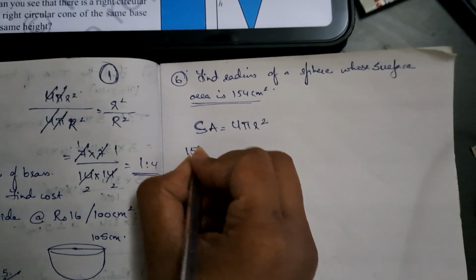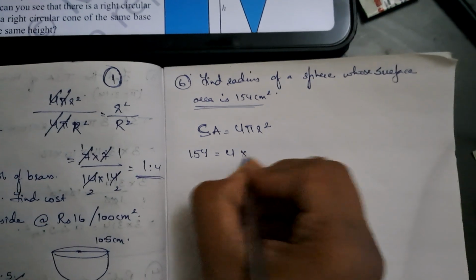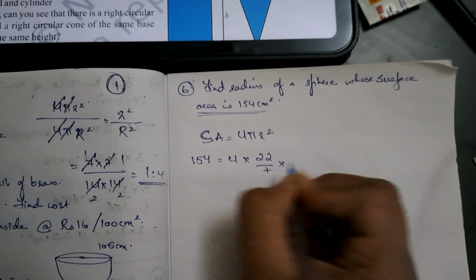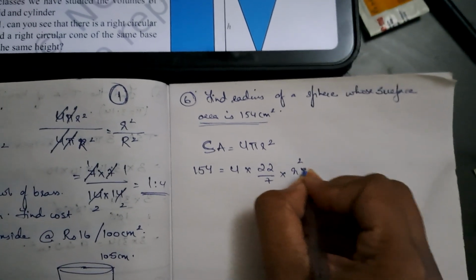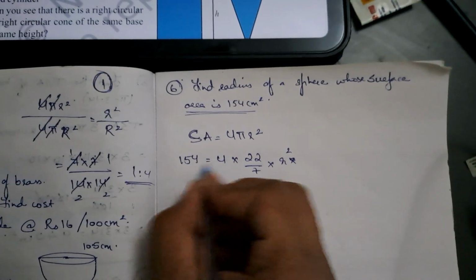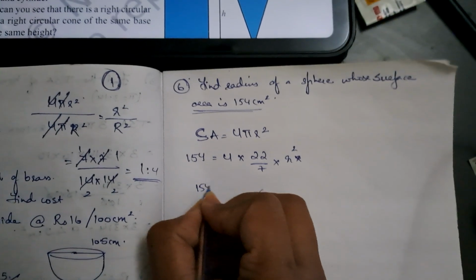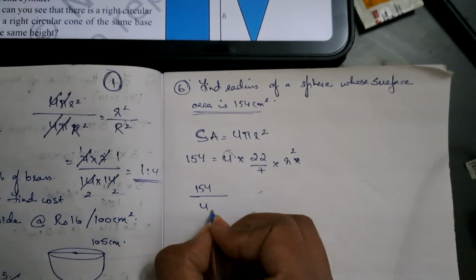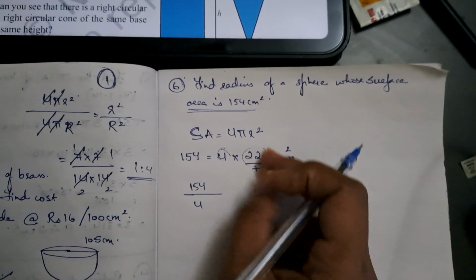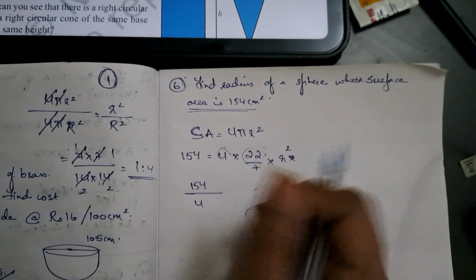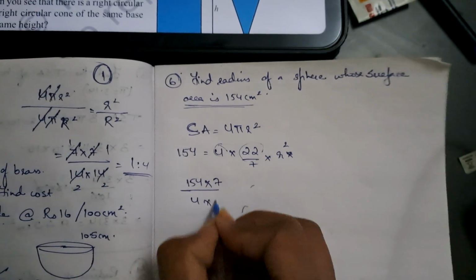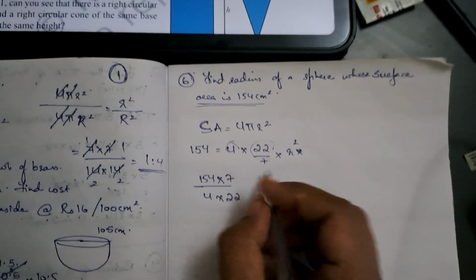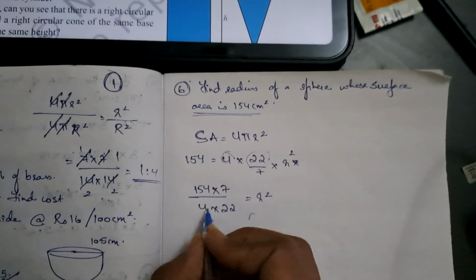This is given as 154, that is 4 into 22 by 7 times radius, which I don't know, so it remains r square. Slowly we are going to send everything to the other side. 154 divided by 4, being multiplication, goes to the denominator. Sending this complete thing to the other side, 7 and 22 go in the denominator, equal to r squared.